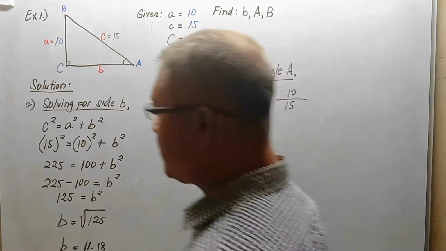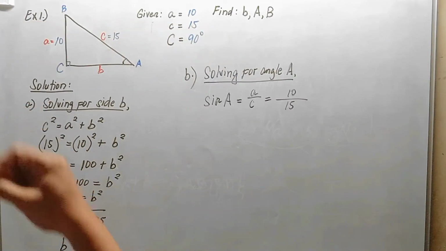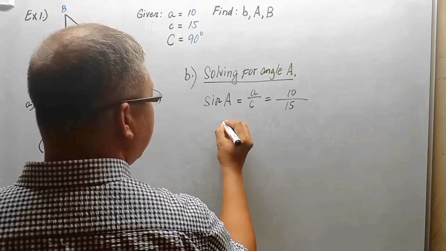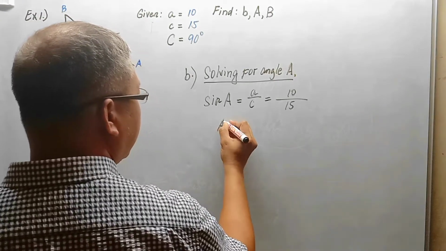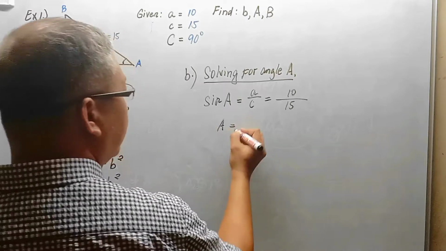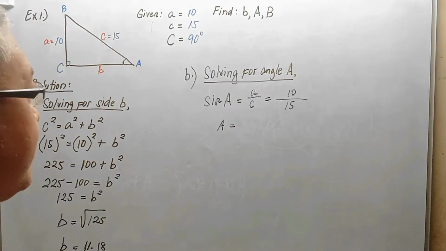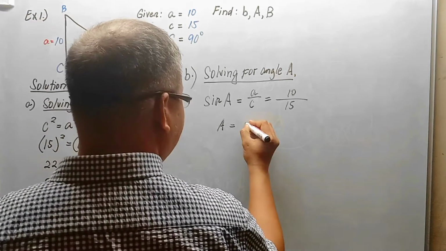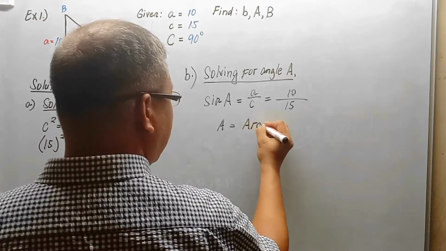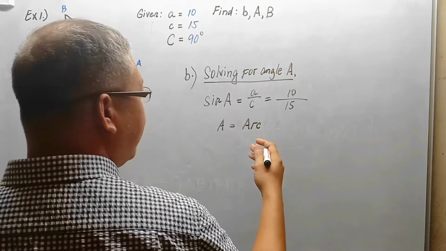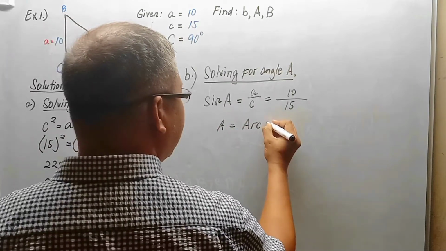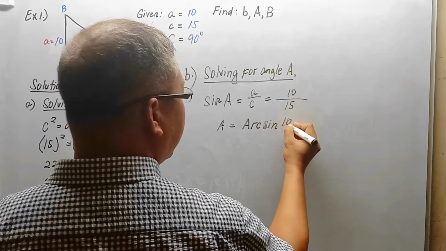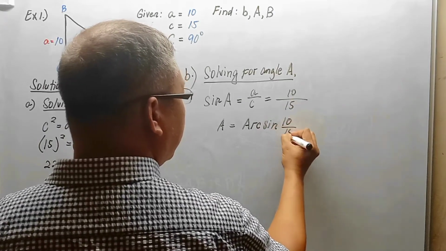Okay, so A is equal to inverse sine, or arc sine. Arc sine or inverse sine are the same. Sine inverse of 10 over 15.